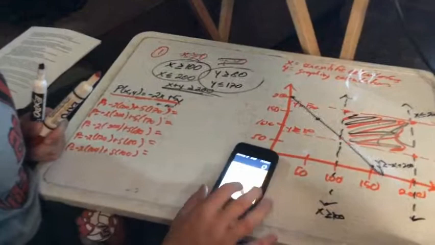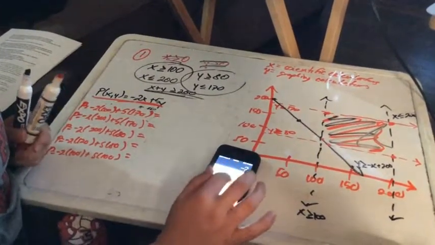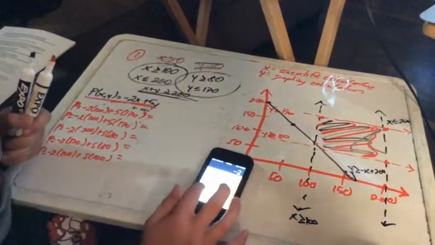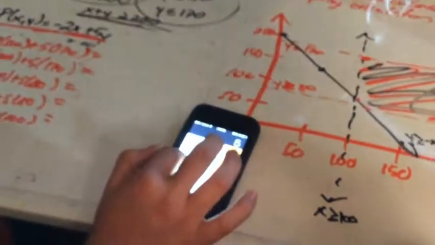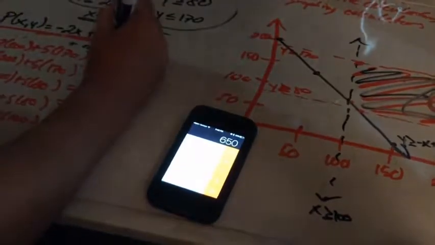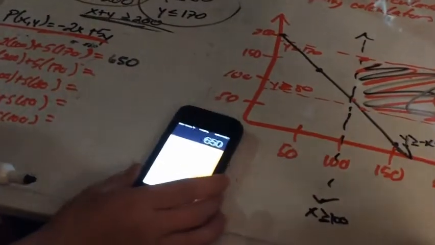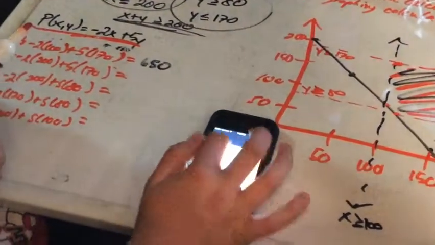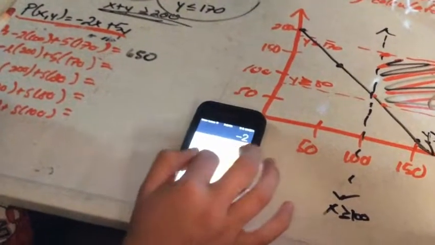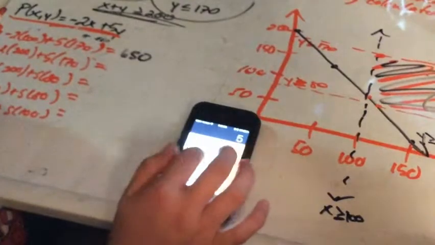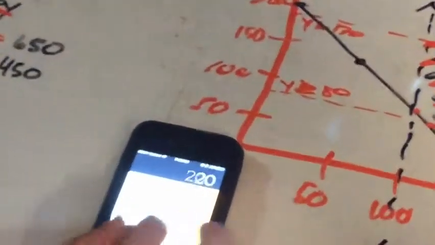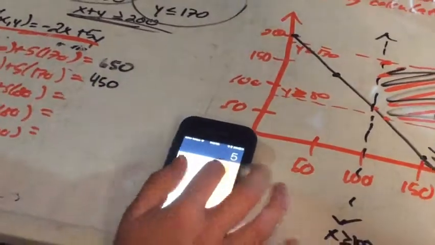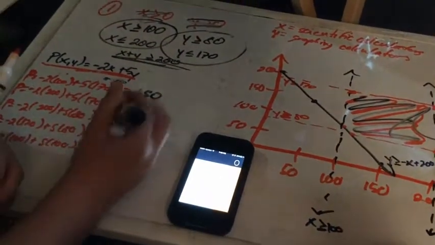So, negative 2 times 100 plus 5 times 170 is 650, and then negative 2 times 200 plus 5 times 170 is 450, and negative 2 times 200 plus 5 times 80 is 0.